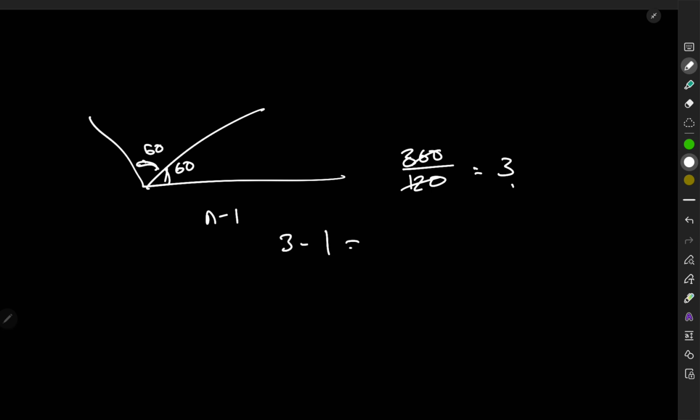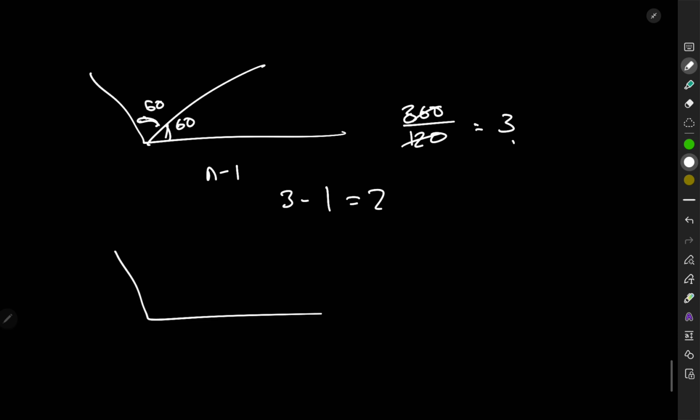Fine. So similarly, let's say a different example, 90 and 30. Fine. 90 plus 30 is 120, again even, right?